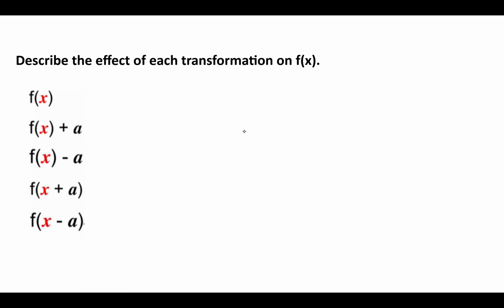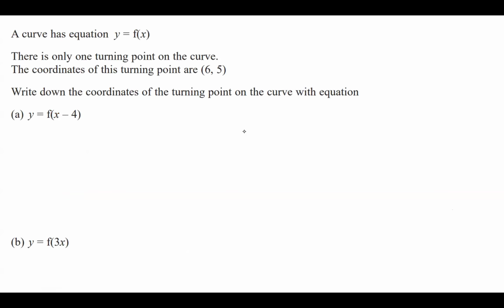Likewise, over here, we are going to minus a units from our y coordinates. Here, we are inside the bracket, so we're saying f bracket x plus a. So we are going to subtract a units from all of the x coordinates. And likewise here, we are going to add a units to all of our x coordinates. So we'll see this in more detail in a moment.